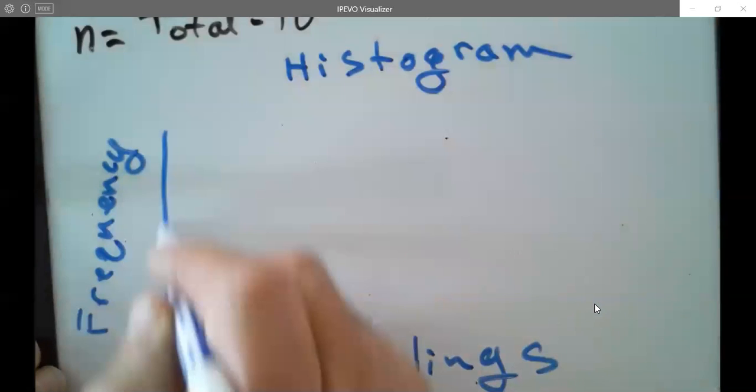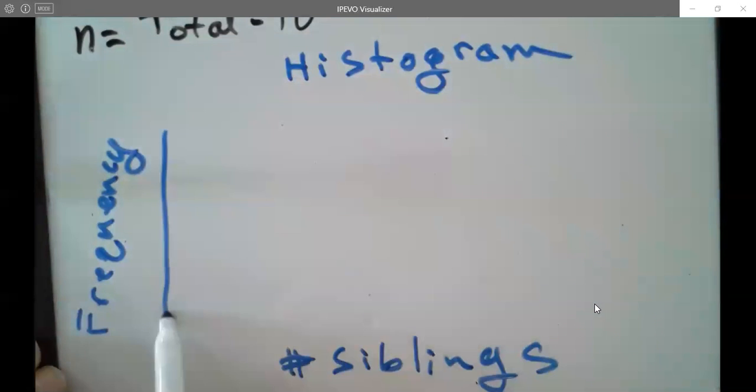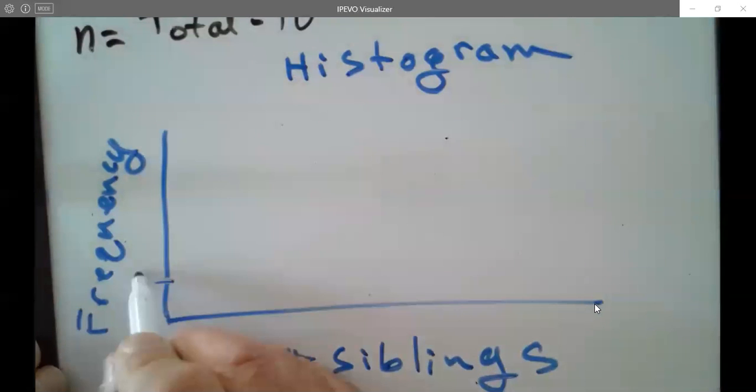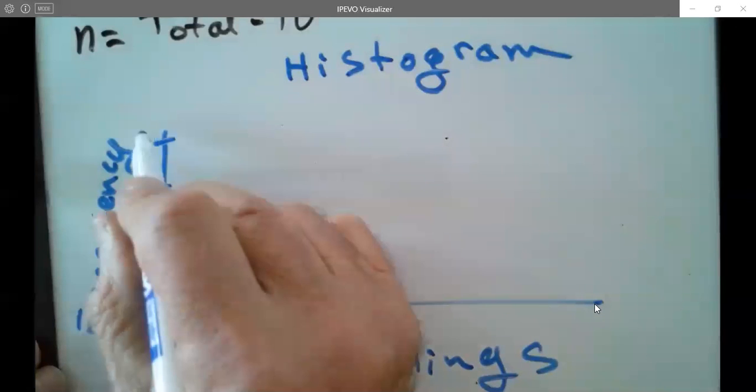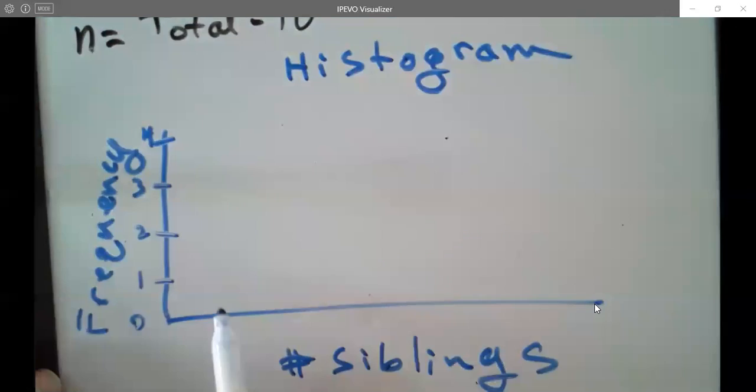Frequency is the vertical side, number of siblings is the horizontal. And so we've got 0, 1, 2, 3, 4. And siblings, 1, 2, 3, 4.